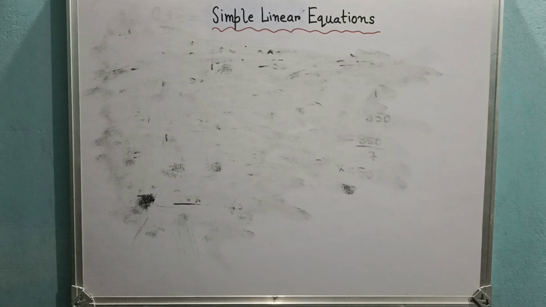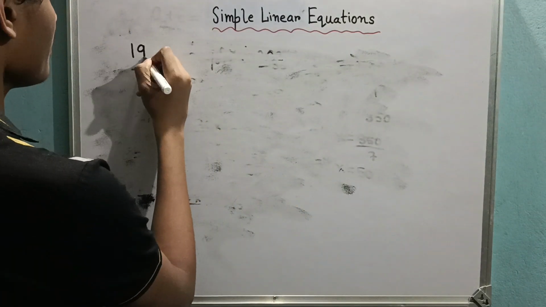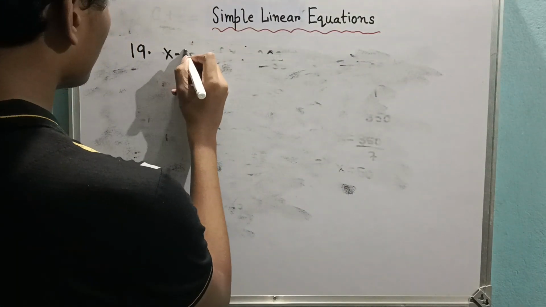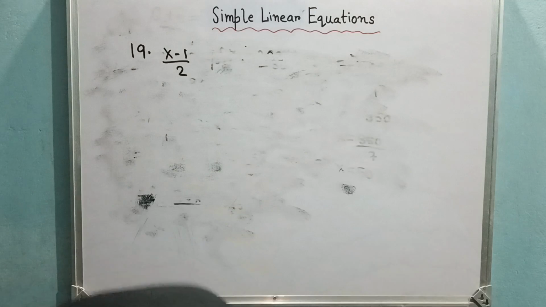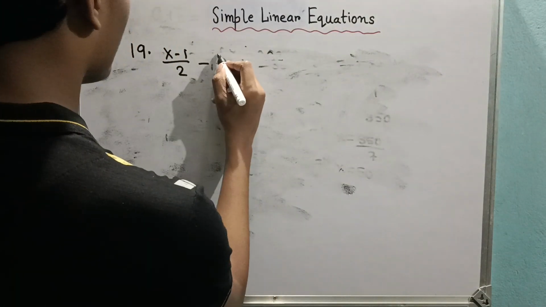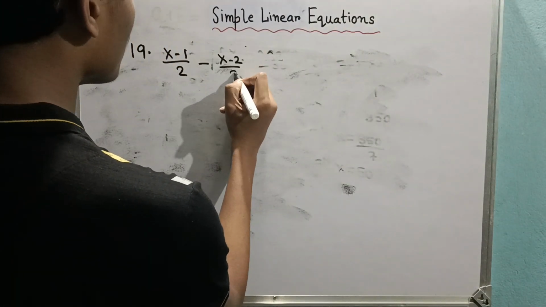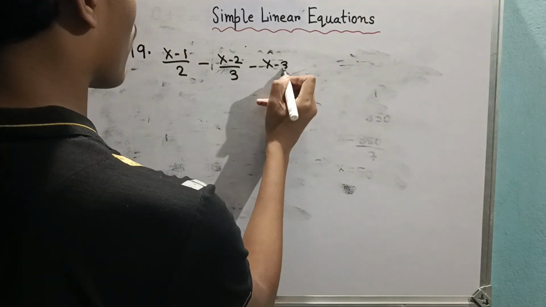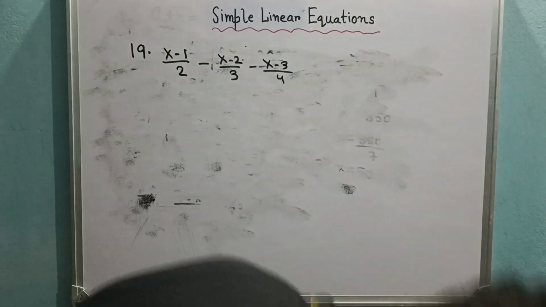Okay guys, so here we have a very good sum. Okay, so here it is given number 19, x minus 1 by 2 minus x minus 2 by 3 minus x minus 3 by 4 will be equal to 0.